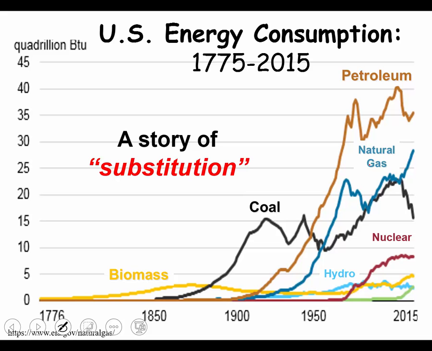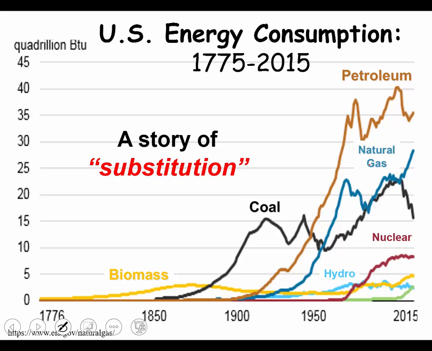And in fact, the history of energy conservation in the U.S. is one of substitution. We used to burn wood. The Industrial Revolution came in, and we burned coal with the steam engine. Then the internal combustion engine came. We started to burn petroleum.